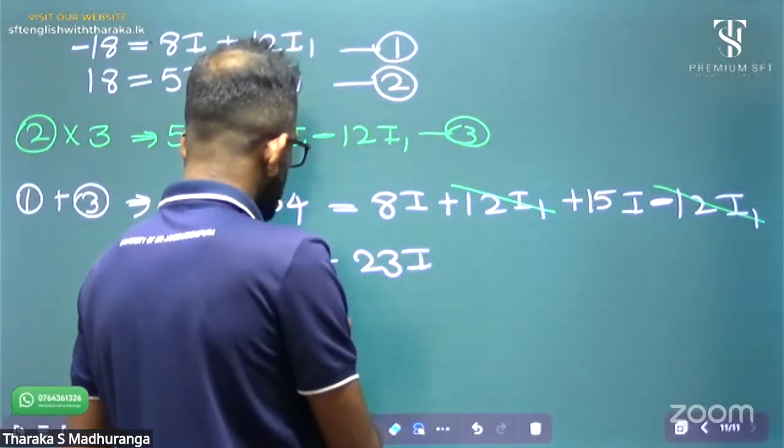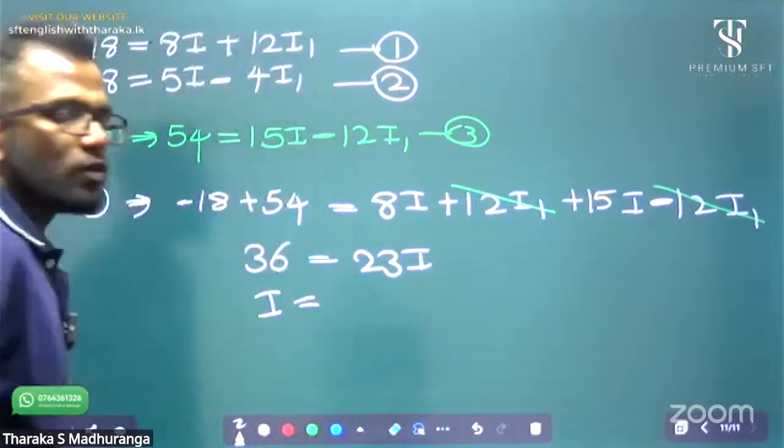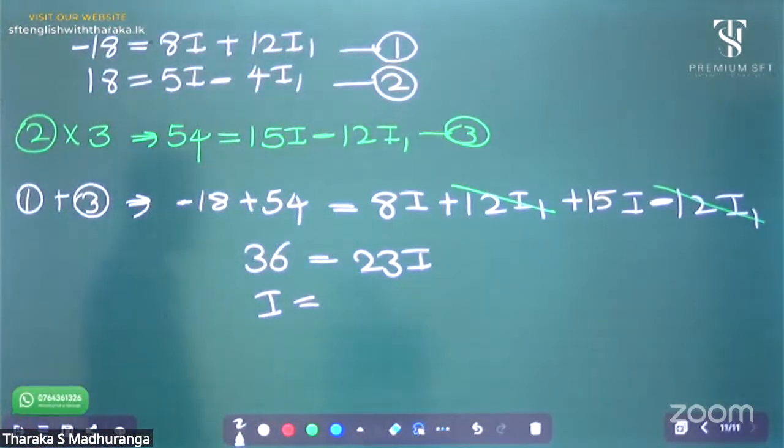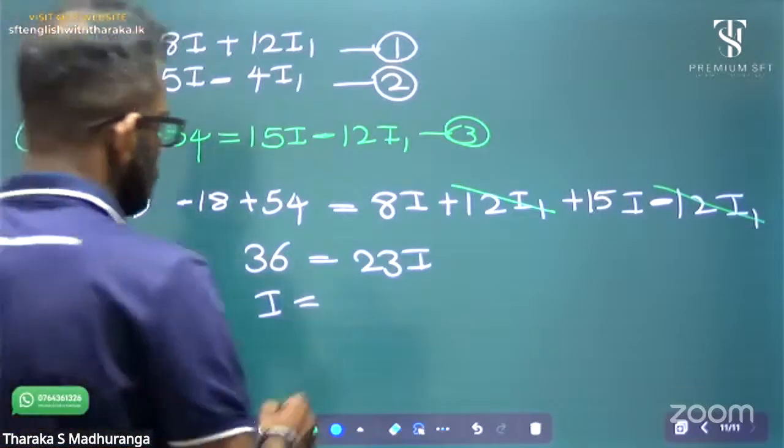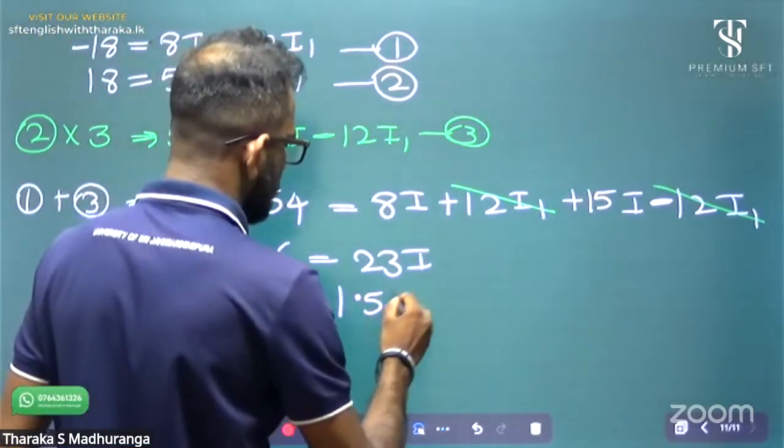Then I equals 36 over 23, approximately 1.56.